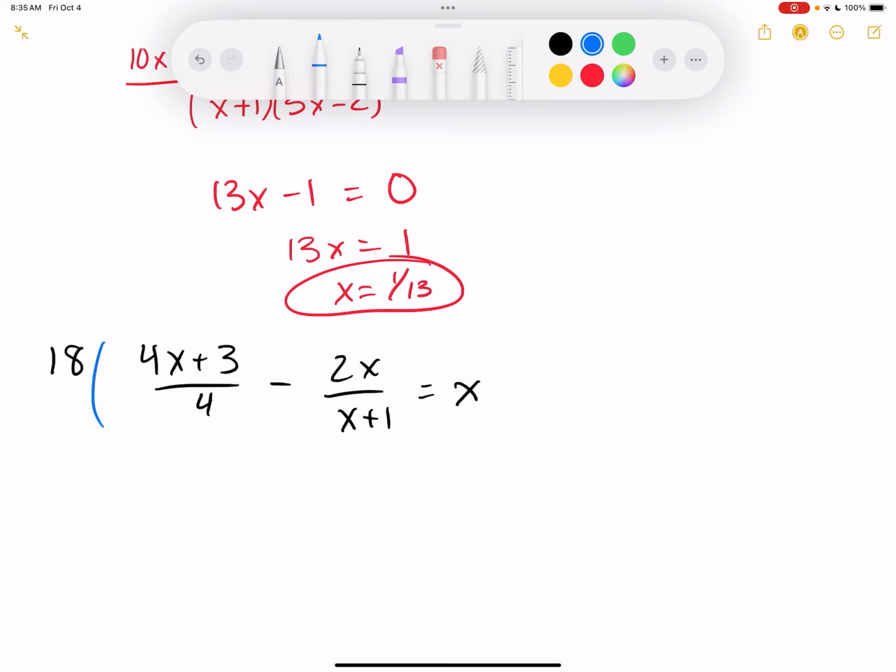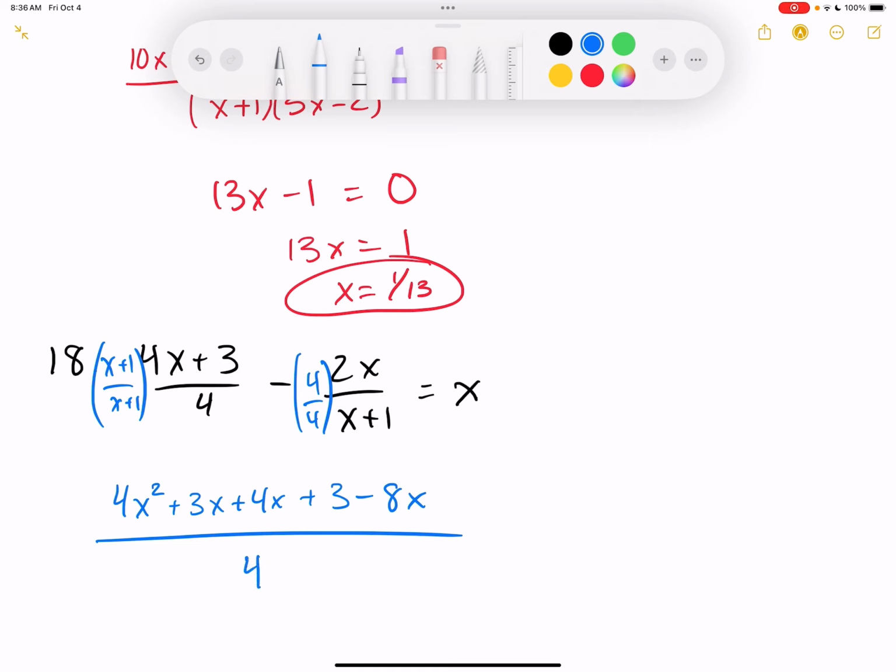So I'm going to multiply this by x plus 1 top and bottom, and over here I'm multiplying by 4 top and bottom. Foiling on this first one, I'll get 4x squared plus 3x plus 4x plus 3, and then over here minus 8x, all over 4x plus 4, equals x.